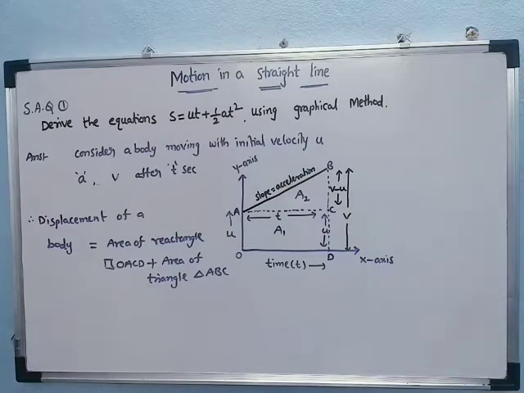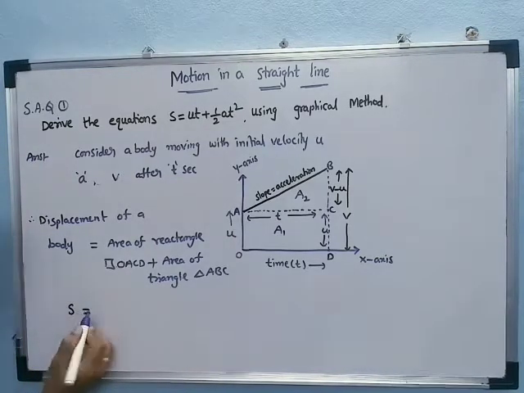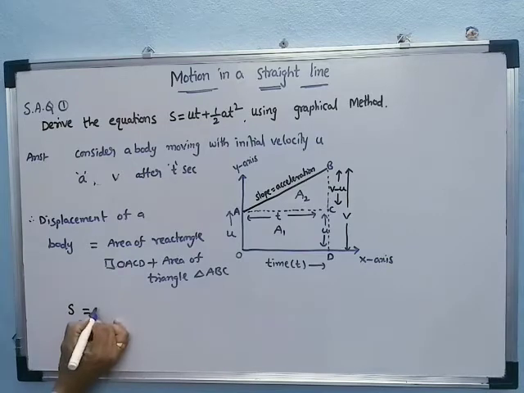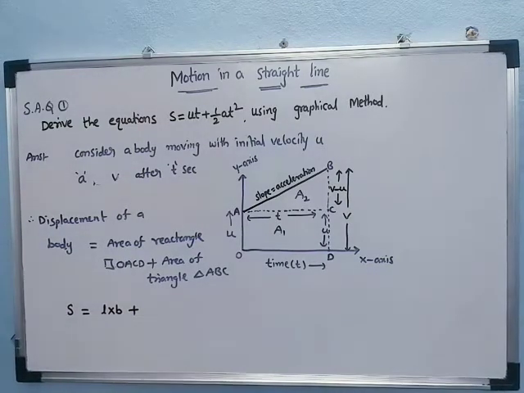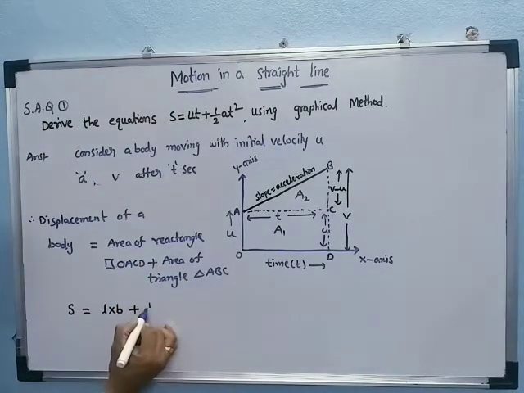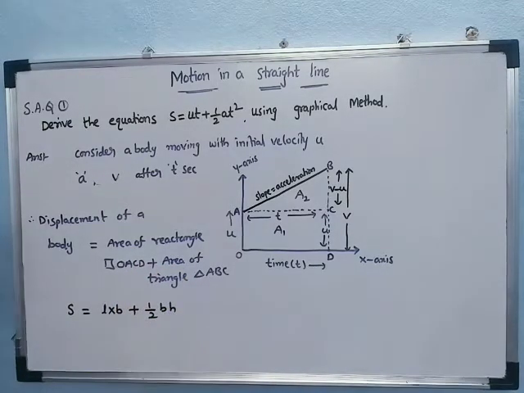Here the displacement is denoted by s, equal to the area of the rectangle. What is the formula for the area of a rectangle? Length into breadth, plus the area of the triangle, half into base into height.